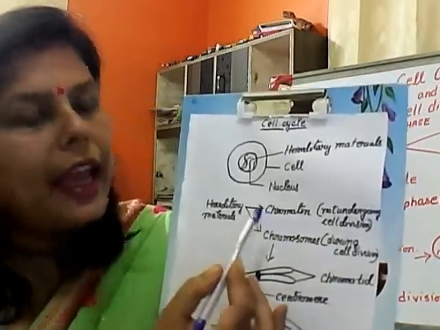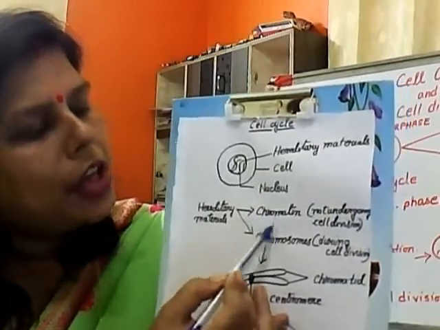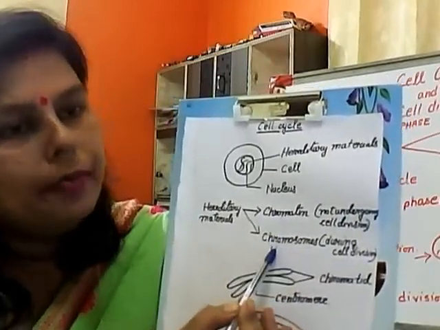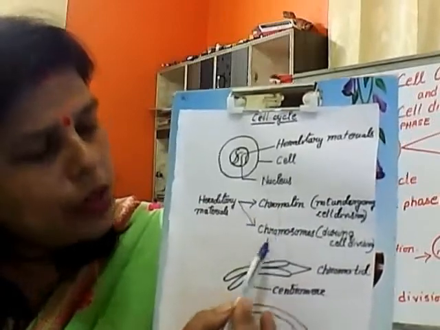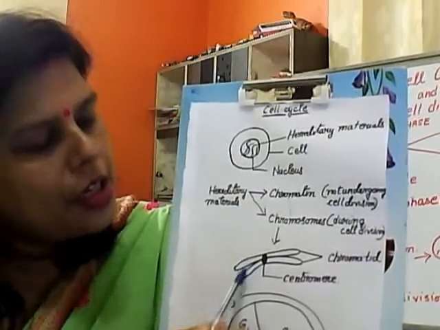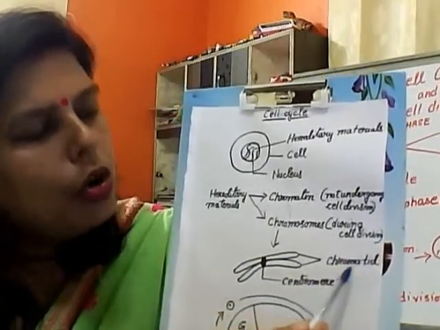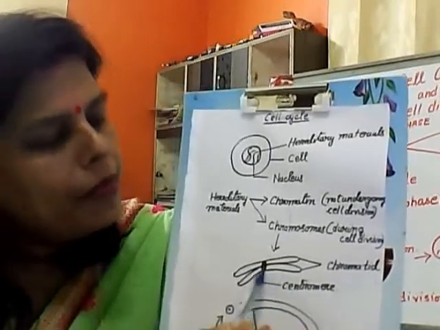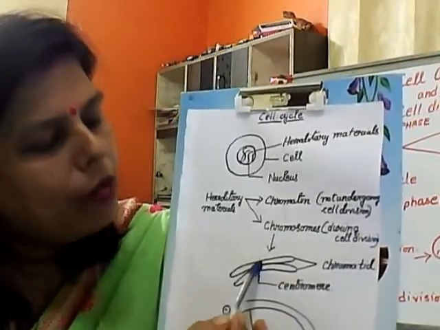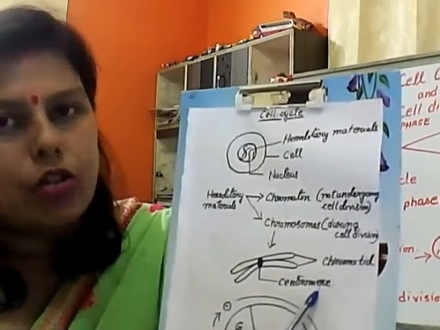But when they are ready for cell division, this chromatin gets changed to the chromosome. This is the structure of the chromosome. It consists of two thread-like structures known as chromatids. They meet at a particular point, one primary constriction, which is known as the centromere.